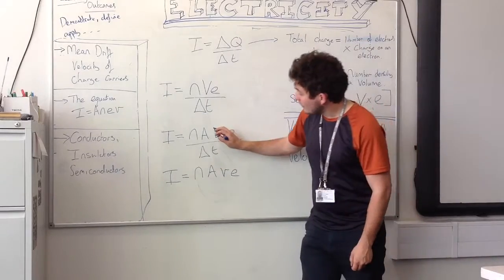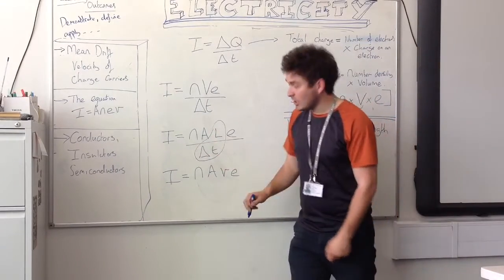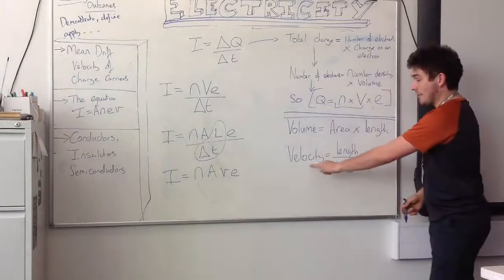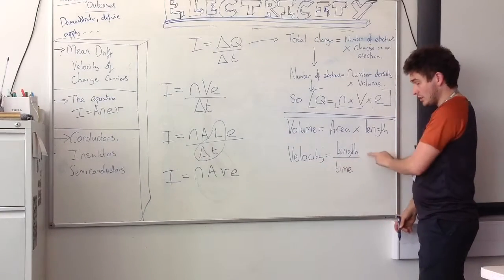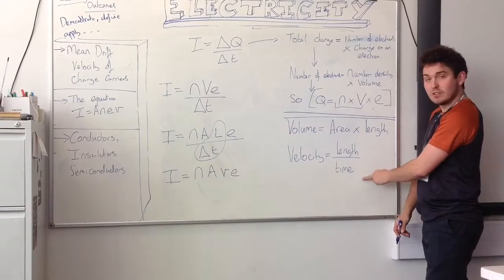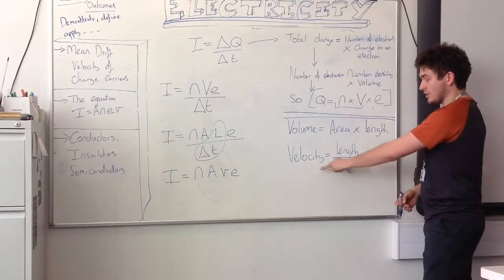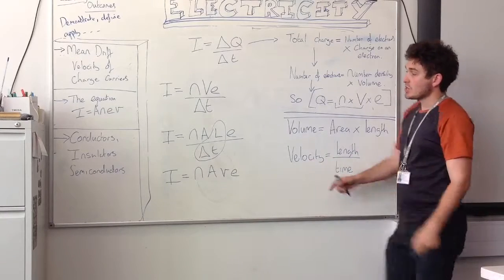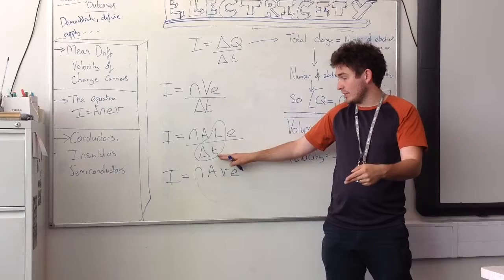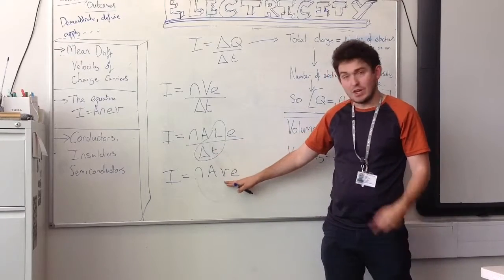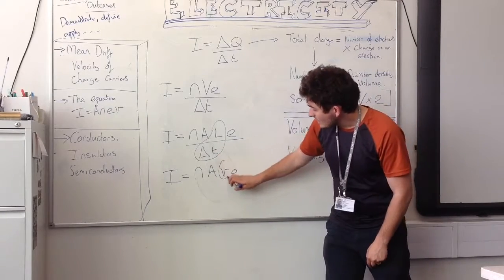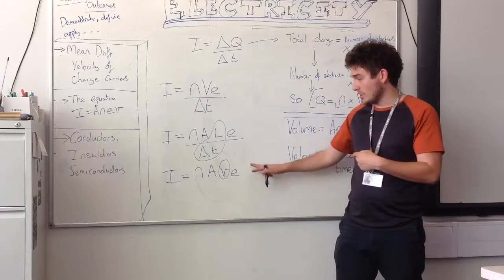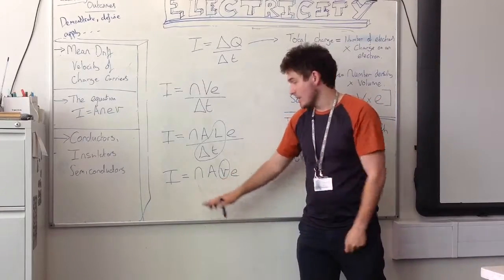We can also see that L over delta t is the definition for velocity. Length over time, distance over time, that's speed, or velocity. So instead of writing L over delta t, we're going to replace that with v. And that v is our drift velocity, and it finishes our equation.